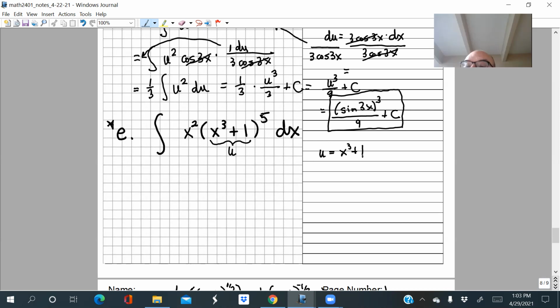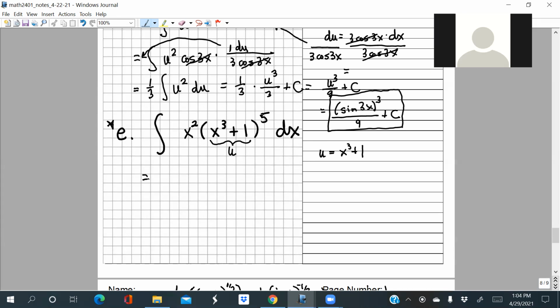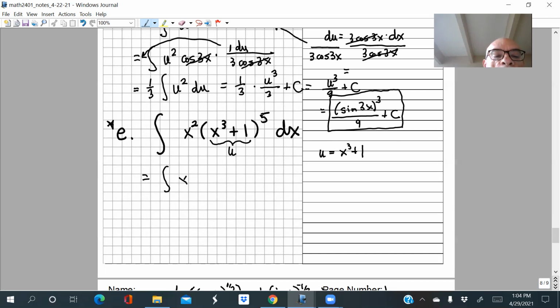To rewrite the problem and then find the dx. I see, so you're saying rewrite the problem. So I'm going to have this as x squared times u to the 5th power, because I'm going to write u instead of x cubed plus 1. That's fine.